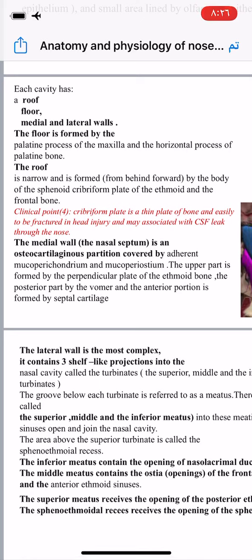Here, clinical point: the cribriform plate is a thin plate, and it easily fractures in head injury and may lead to CSF rhinorrhea.